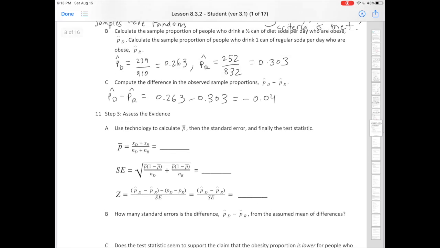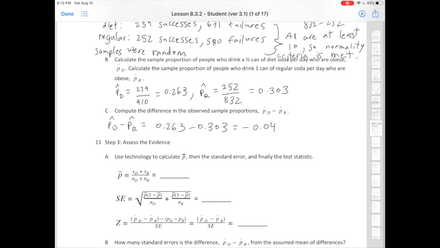Next, let's find all of these. So first, we're going to find the pooled proportion P bar, right? So P bar is going to equal, we add up all the successes. So it's 239 plus 252. And we divide that by, we add up all the sample sizes, which in this case is 910 plus 832.